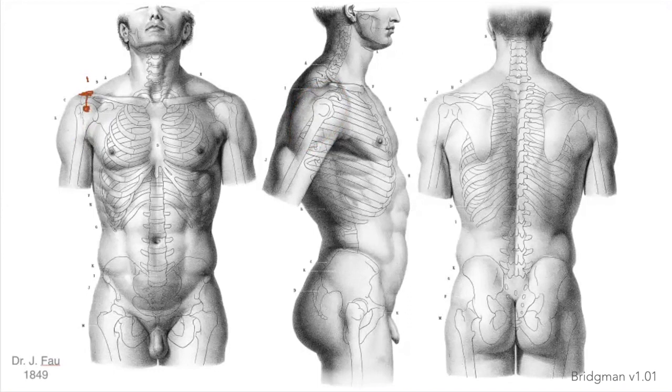Now let's back up. The most important one for today and tomorrow is the sternum, because it can be tapped all the way along there. Now on the back, you've got what?